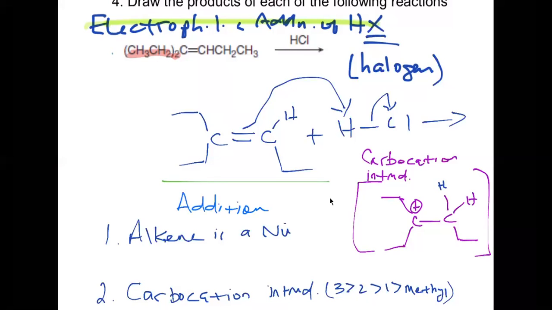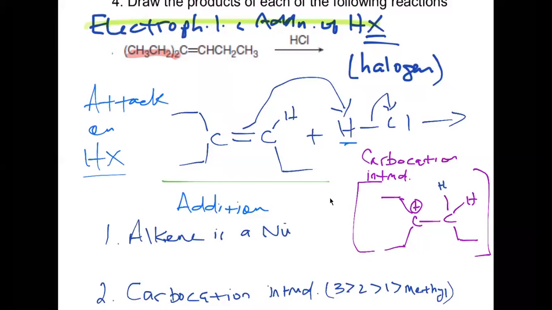So the first step in the mechanism is attack of your alkene or your pi bond on HX. The electrons in that pi bond are used to attack the proton here in HCl.